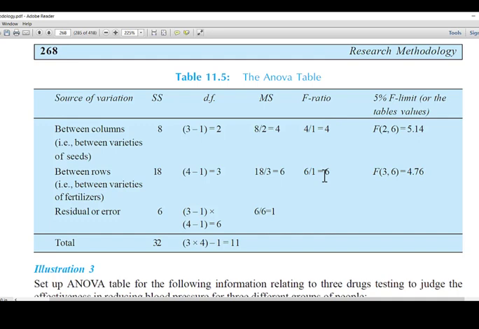Now what about the F table? We have to find out the critical value of F corresponding to 5% level of significance.